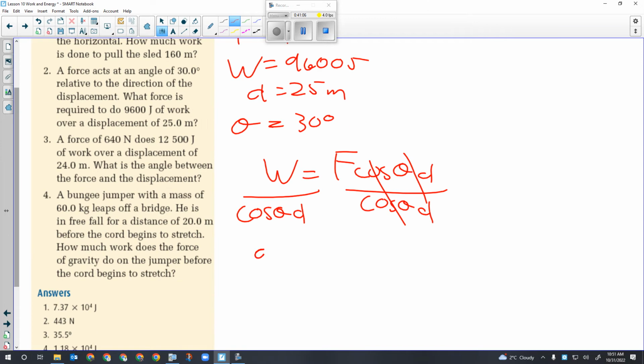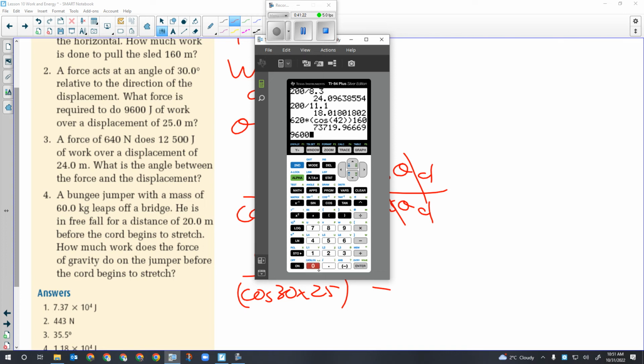And so then I go 9,600 divided by the cos of 30 degrees times 25 meters. That all needs to be in brackets on the bottom for this to come out right. So 9,600, okay, divided by the cos of 30 times 25. All right, so 443 newtons would be our force there, and it would probably be forward or something like that, because force is a vector quantity, and so that should have a vector form.